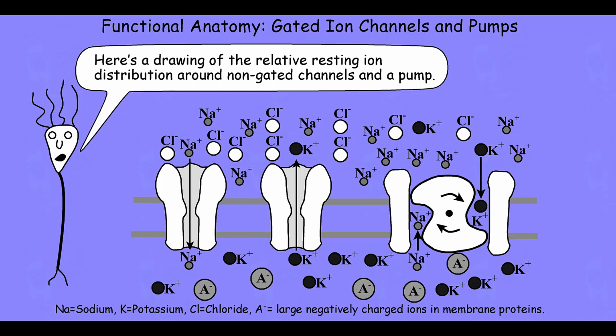That third structure on the far right is a sodium-potassium pump. It's a mechanism that actively transports sodium and potassium across the membrane. The sodium-potassium pump will actively transport 3 sodium ions out and 2 potassium ions into the neuron.